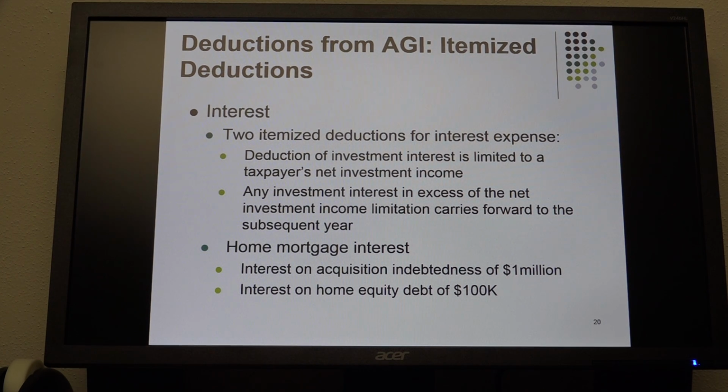I mean, if you've got a $100,000 home equity loan and you only have $25,000 of equity in the home.